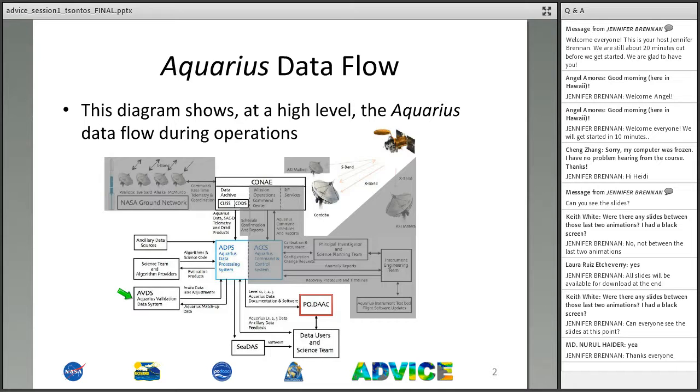I just wanted to point out as well, this component here, AVDS, which is the Aquarius validation data system, which is integral to the ground truthing of the Aquarius science data. And that ground truth data comes from in situ observations from the Argo global buoy float network that's continuously making observations of salinity, temperature, and other parameters throughout the world's oceans.